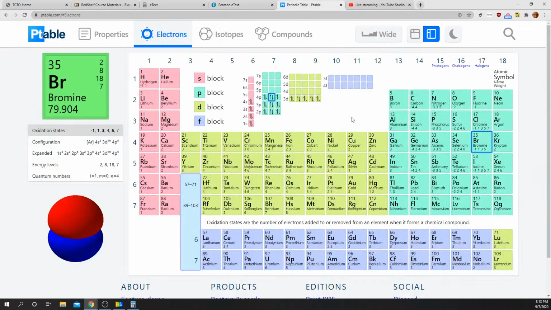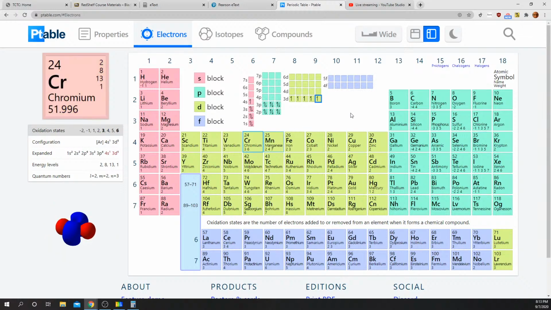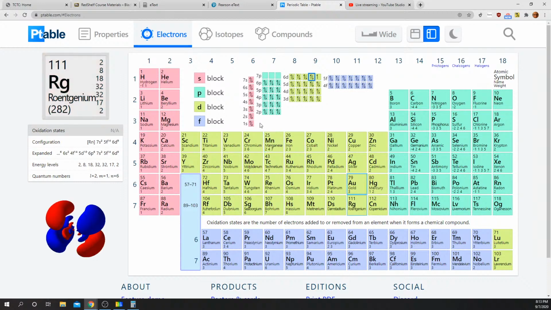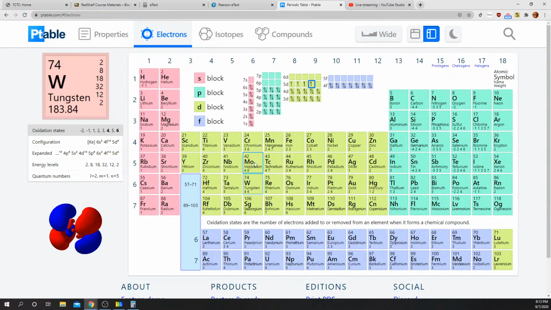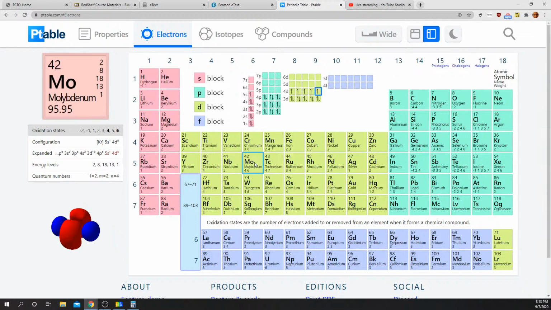For this fourth column, can I unselect? I cannot. All right, so this fourth column, chromium, molybdenum, tungsten, seaborgium, and the ninth column, copper, silver, gold, and roentgenium. All right, so these guys all have anomalous electron configurations. The one they pointed out specifically was molybdenum. You would expect it to be 5s2, 4d4, but instead it is 5s1, 4d5.